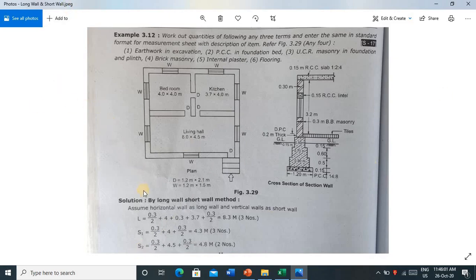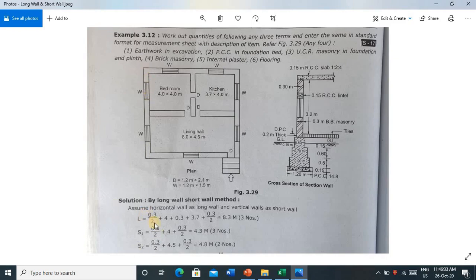First of all we will see how to calculate the length. Starting from this corner or edge, the length of long wall is equal to 0.3 divided by 2. What is 0.3? It is the brickwork width. The width of brickwork is 0.30, you can see it from the section. We divide by 2 because you have to consider it from its center.